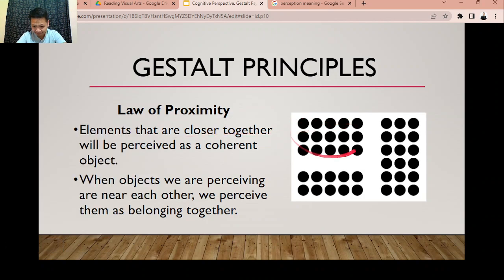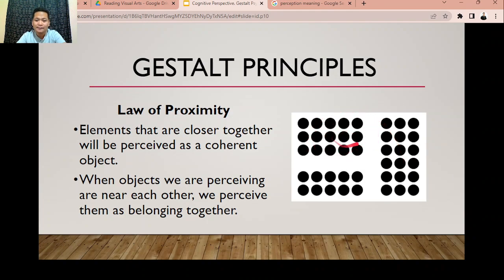For this one, we have 3, 6, 9, 12, 15. You don't see this as individual dots. You don't see 15 dots here, or 2, 4, 6, 8, 10 dots, or 18 dots. Rather, we see this as coherent objects.